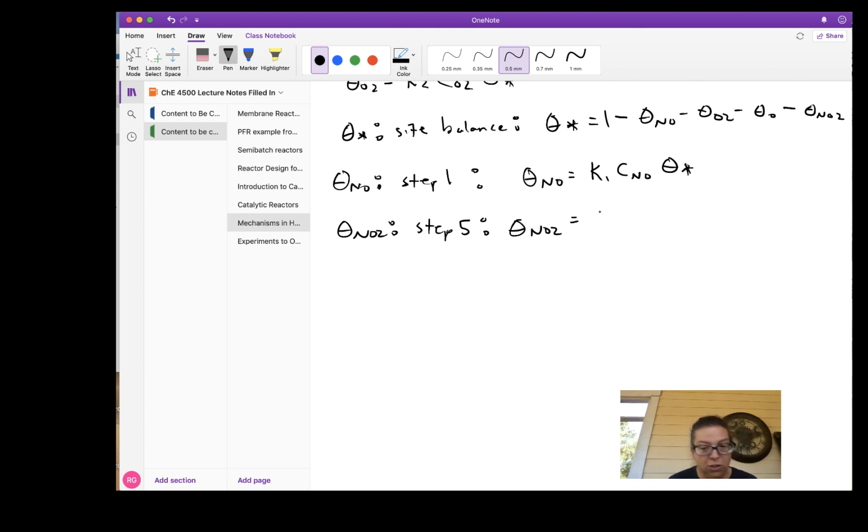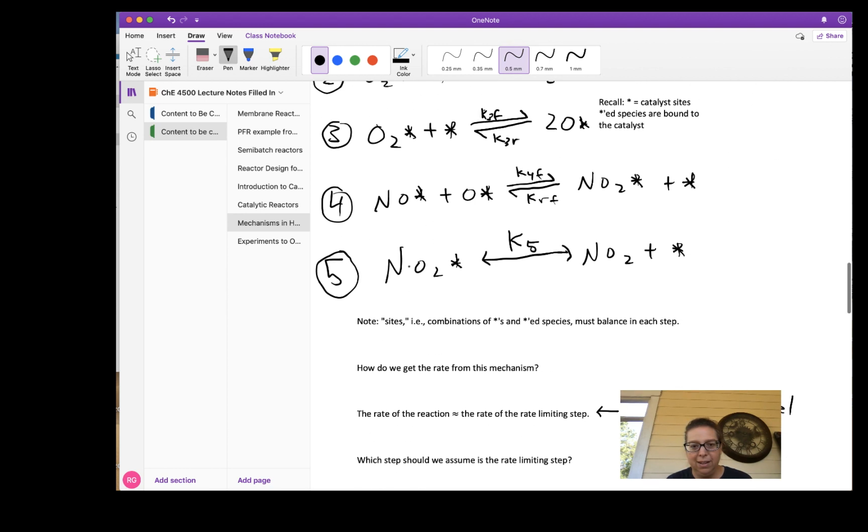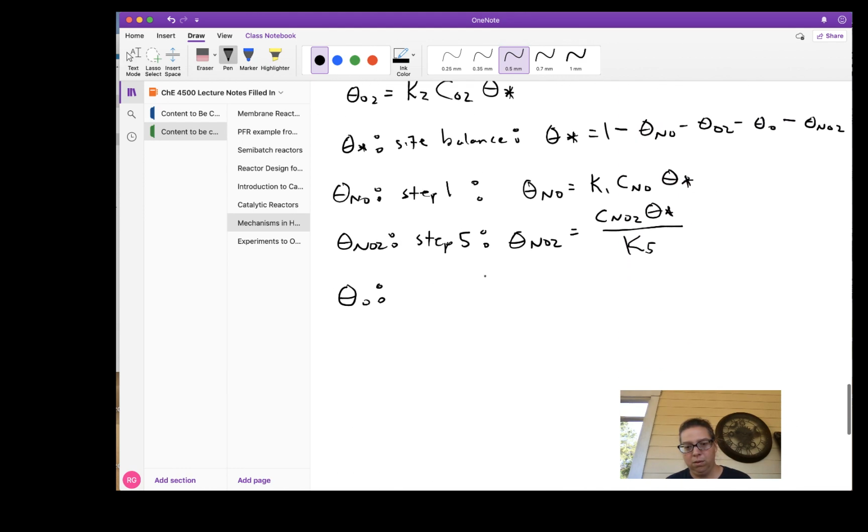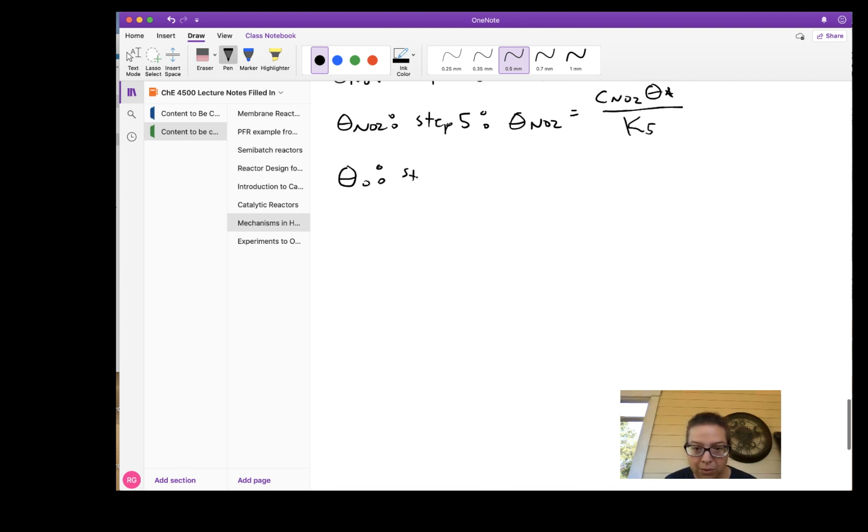This is a desorption reaction, so it looks a little bit different. So now I need theta O. Really, the only step I have left with which to get theta O is step 4. And that works because I already have expressions for theta NO and theta NO2, hence I can use those to get theta O. So I'm going to get this from step 4.